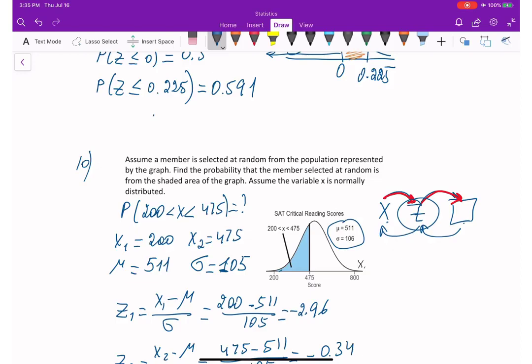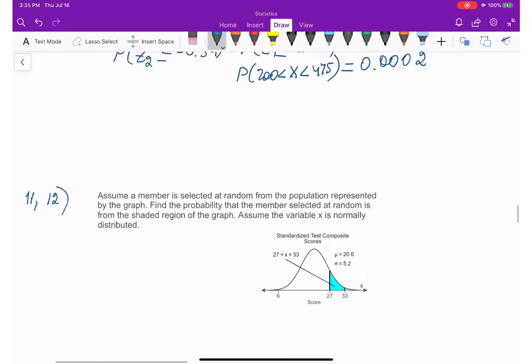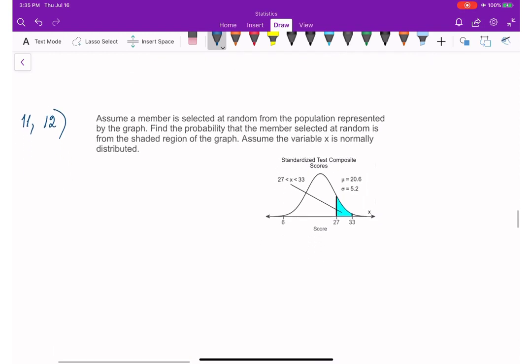Moving to question number 11 and 20, because they are going to be identical. So it's going to be the same way, absolutely the same way. You are going to find this area, and when I say area, I mean probability, because they are identical. Same way we solve area, it's the same thing, probability.